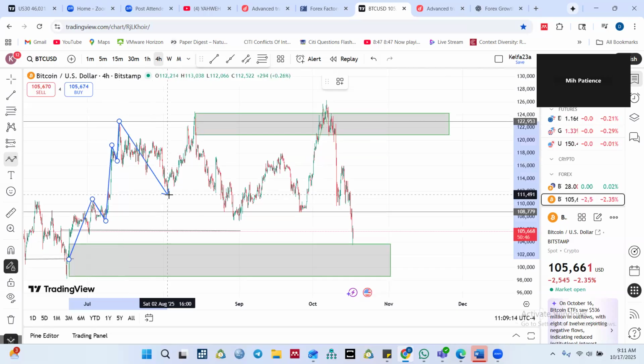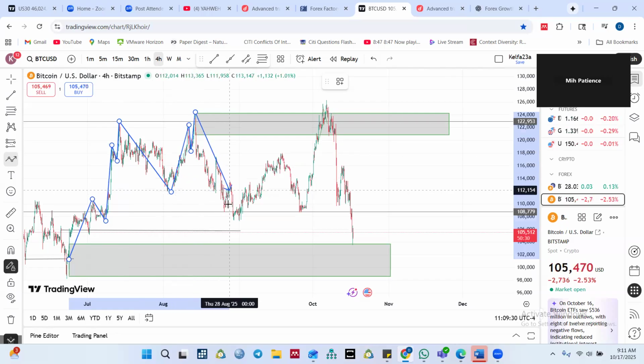Then it dropped all the way to give us a lower high. Then we got a relative lower high, relative higher high, lower high. We got this high. Then it dropped impulsively. Let's forget about all this, but it drops to here.